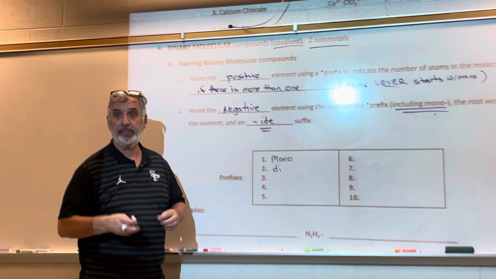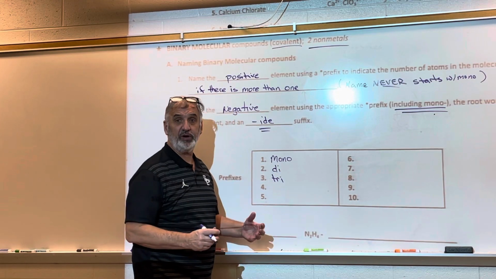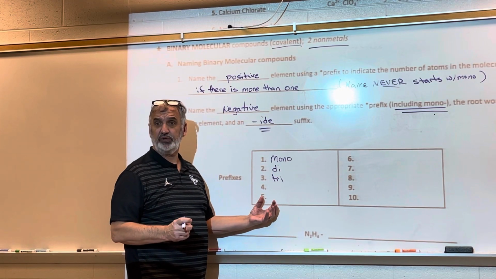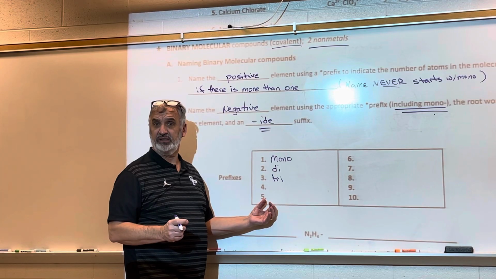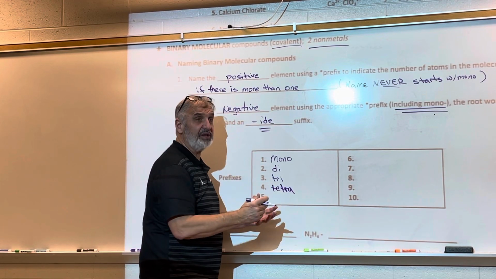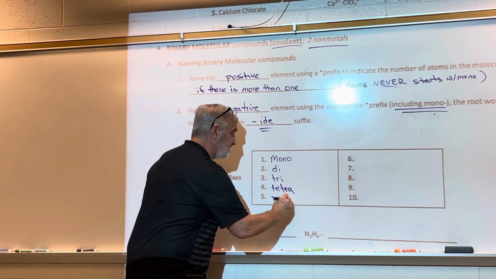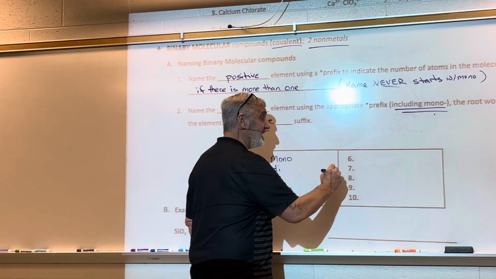So what's three? Tri. And then four from our shapes. What did we learn four was? Tetra. And then now we just go Latin. 5 is penta. 6 is hexa.